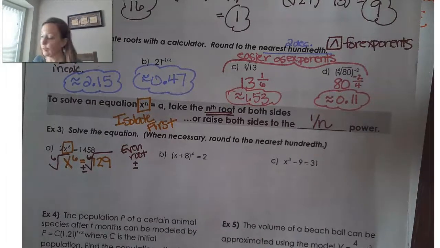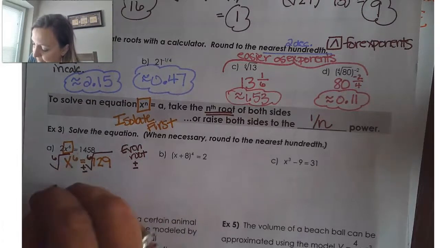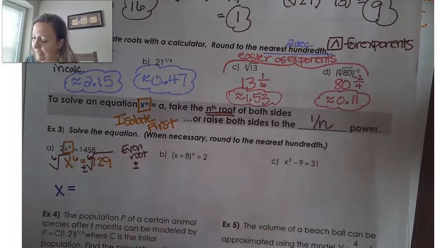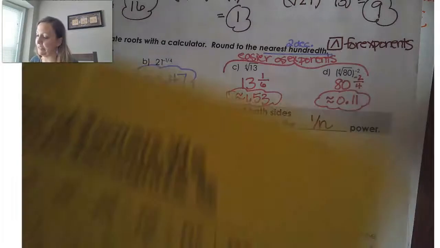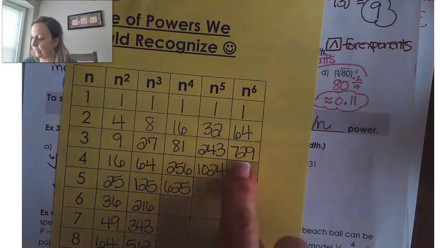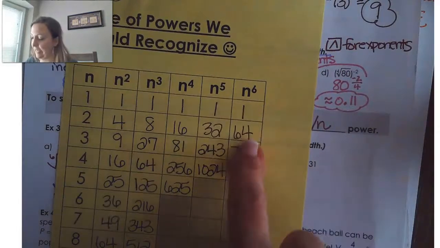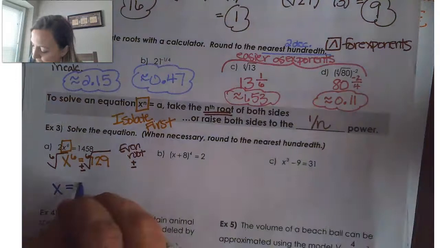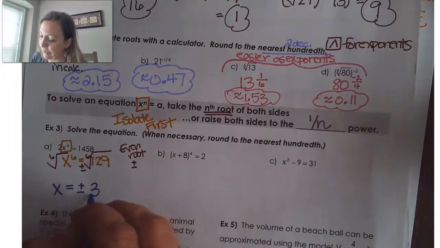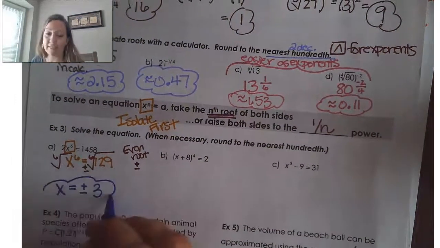So the 6th root of x to the 6th is going to be x. And now I want to try to find the 6th root of 729. So I look under n to the 6th, and I see that the 6th root of 729 would be 3. I had that plus or minus because of the even root. My answer would be plus or minus 3. So x equals plus or minus 3.